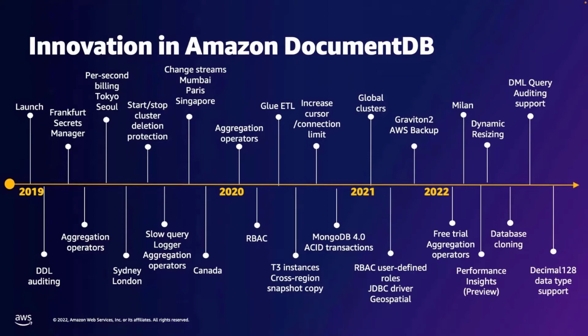This is faster than restoring a snapshot and requires no additional space at the time of creation. We have also recently added support for the Decimal128 data type and additional query auditing support for database events. Now with DML auditing enabled, in addition to DDL events, DocumentDB will record DML events to Amazon CloudWatch.